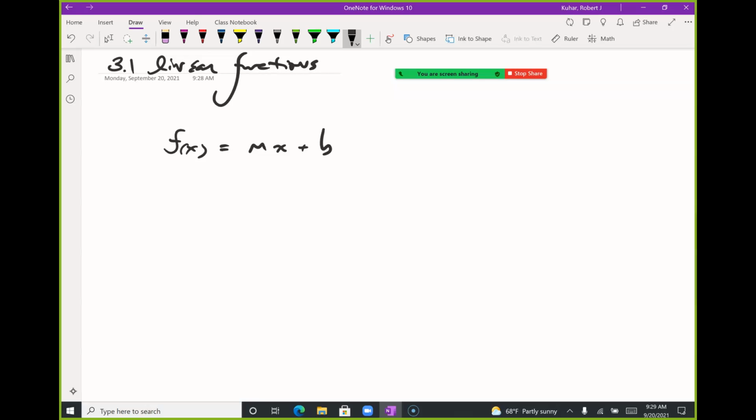So of course if m is not 0, this is an oblique line, it's moving at some slope. If m equals 0, f of x equals b is a horizontal line, right?